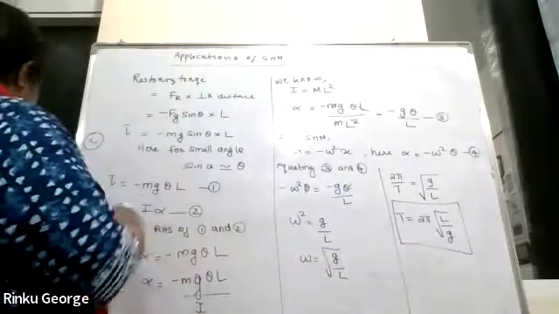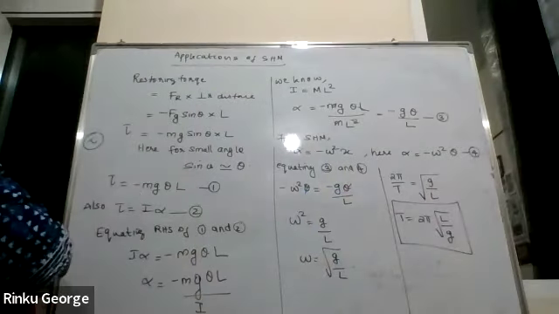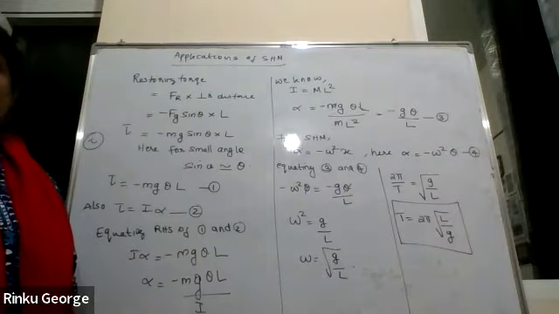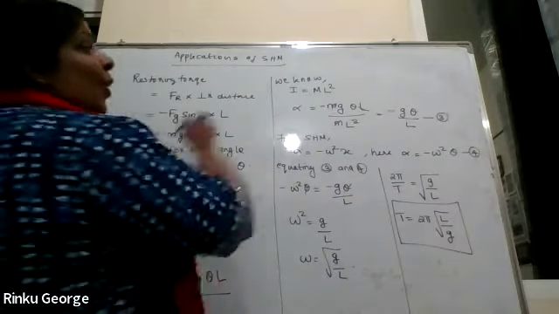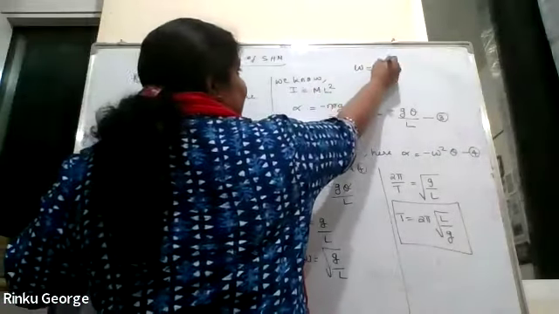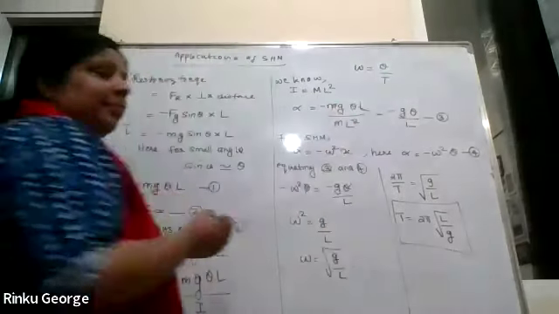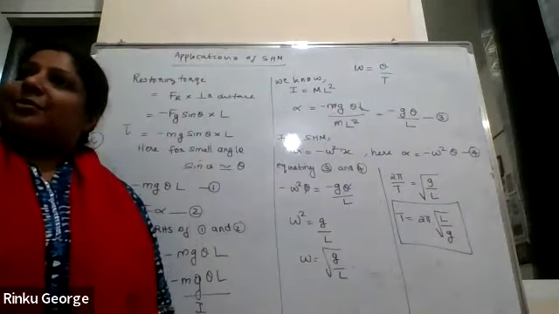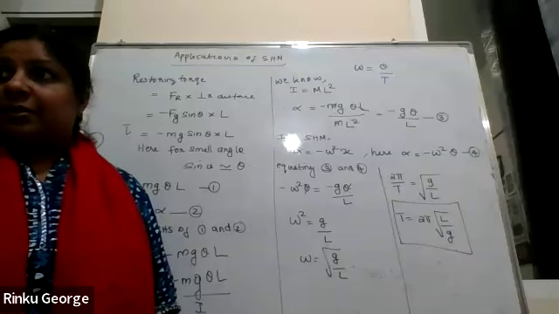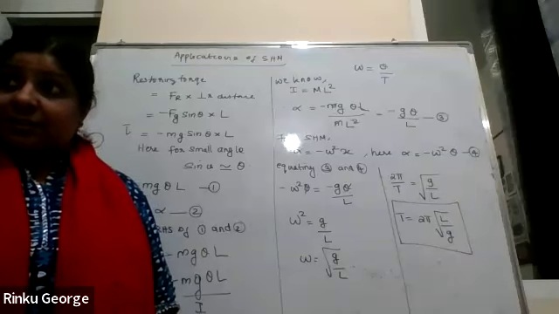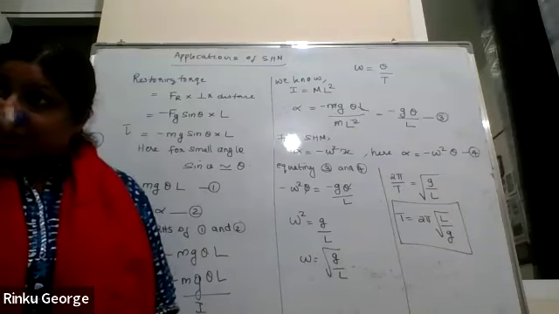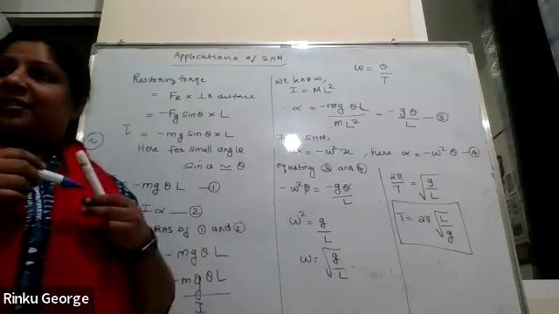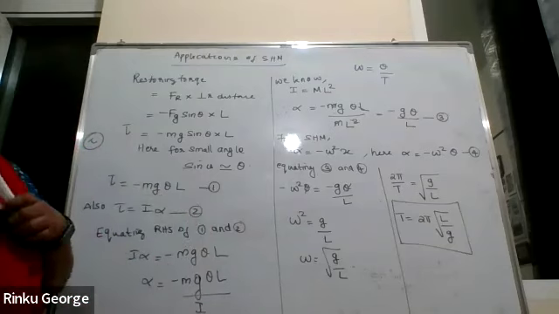Omega is displacement by time. For a complete circle, what is displacement? 2 pi r is the length. For a complete circle, angular displacement is 360 degrees, that is 2 pi. So 2 pi by t.